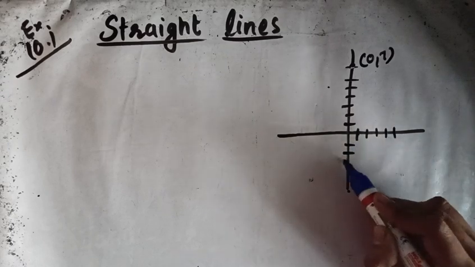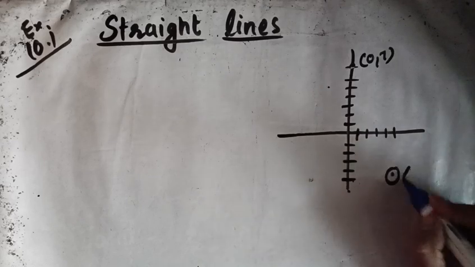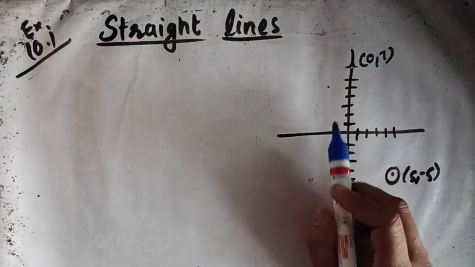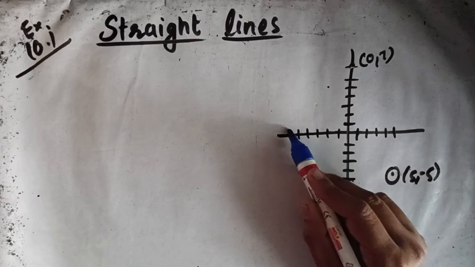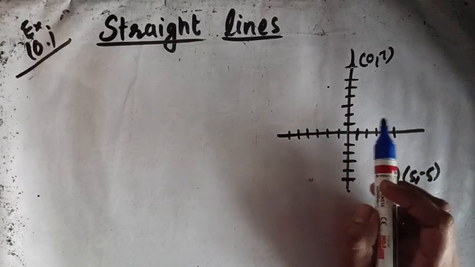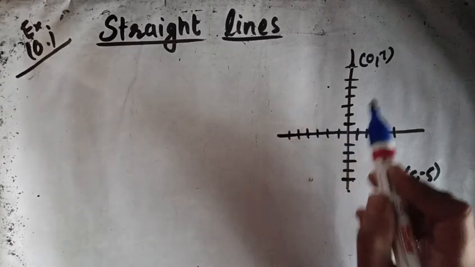Then 5, 1, 2, 3, 4, 5. So 5 comma minus 7, minus 5. Then 1, 2, 3, 4, 5, 6, minus 4 comma 5.